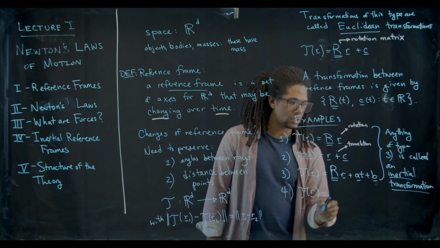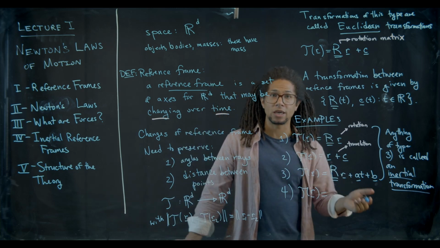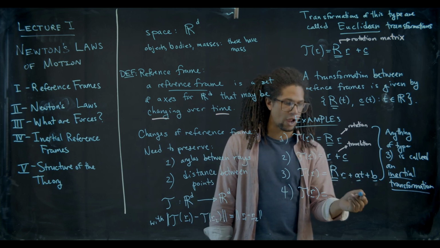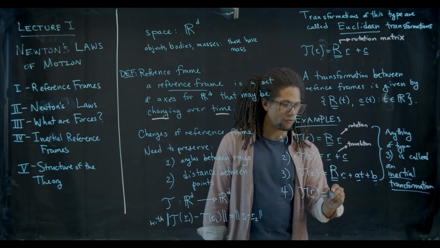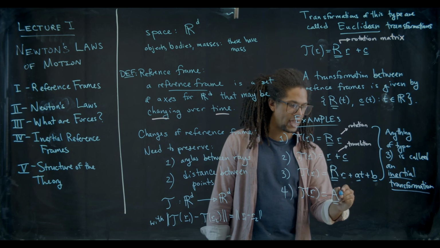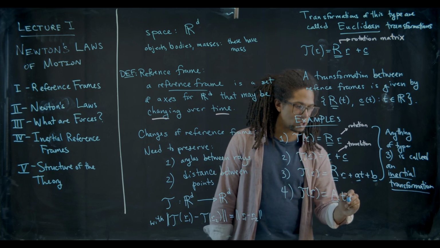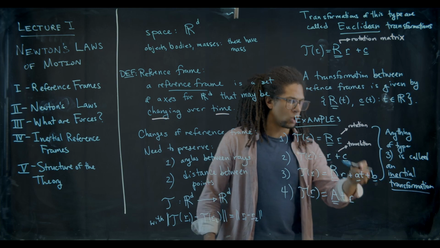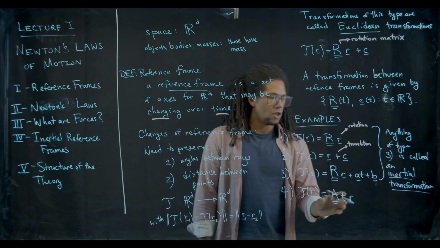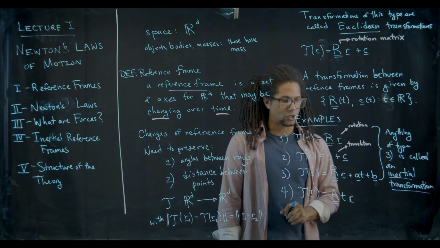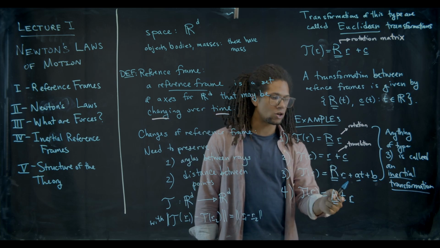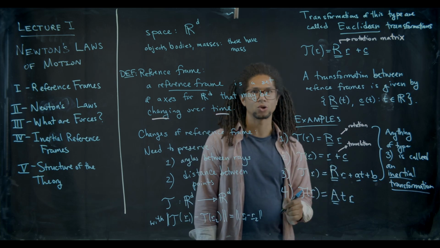Now, first, let's imagine that rather than having r be constant, let's let it be a linear function. So here, I guess r can be the constant matrix A times T times the original R. And then we'll ignore any sort of translation C. So this is a non-inertial transformation precisely because we see that R depends on T, and that's not allowed in inertial transformations.